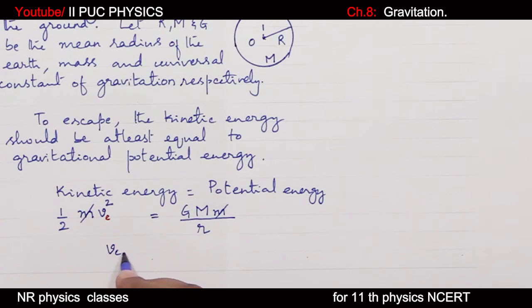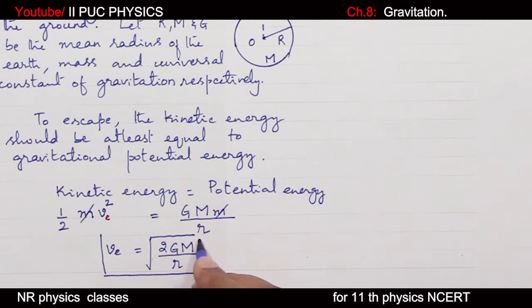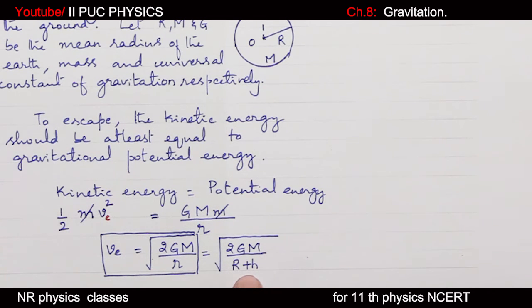Escape velocity equals, taking 2 to the other side, root of 2GM by r, which is r plus h. So this is the expression for escape velocity.